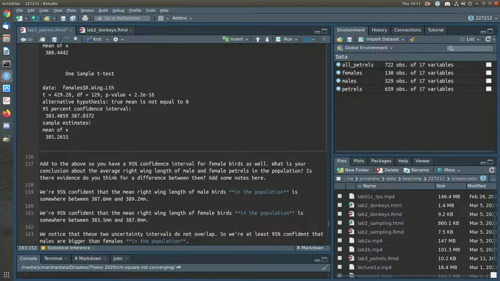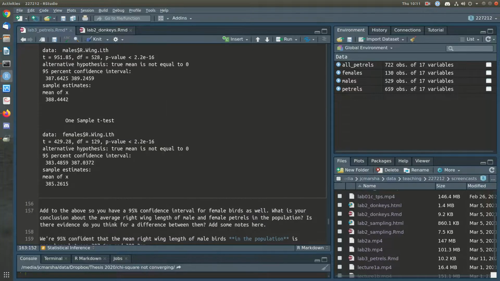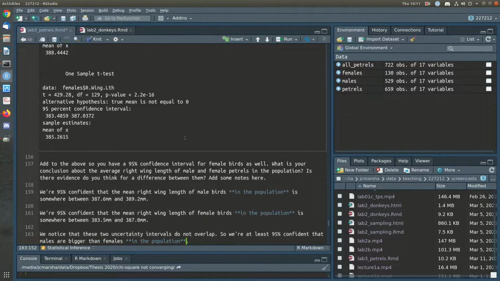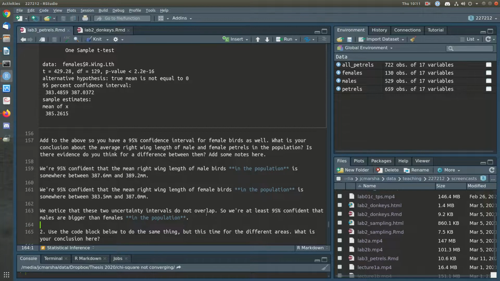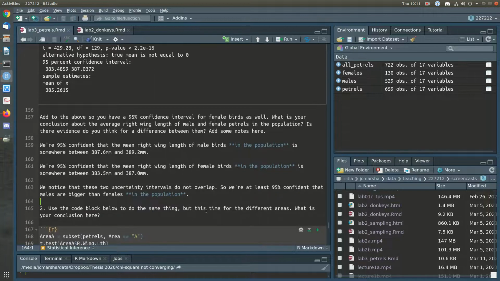Right, because the highest the females are is 387 on average, and the lowest the males are is 387.6. So males on average are higher than females.